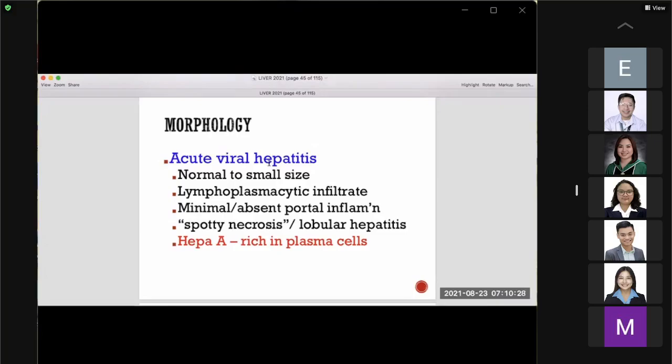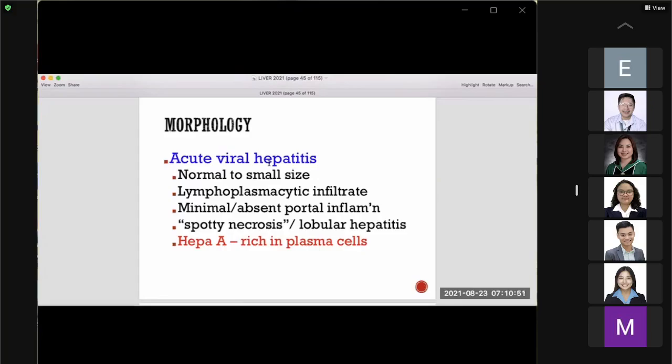There could be minimal or absent inflammation in the portal area or portal tract region. There can be spotty necrosis or lobular hepatitis. Okay, special mention specifically for hepatitis A, they are found to be rich in plasma cells.